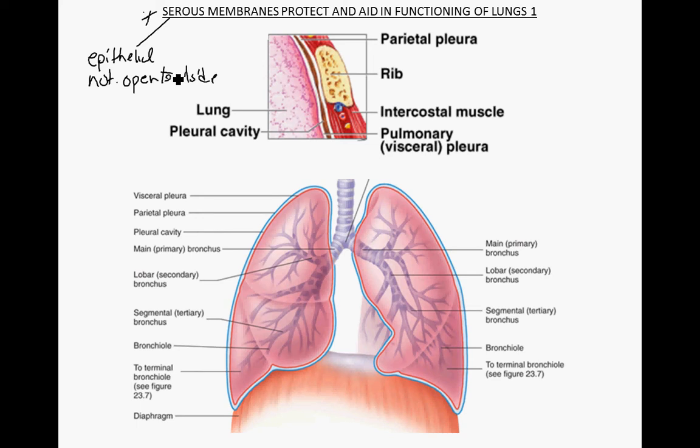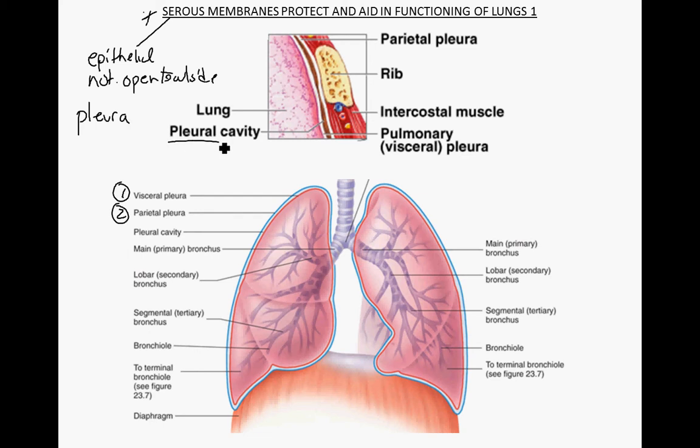And there are going to be two of them: there is a visceral pleura and there is a parietal pleura. So these serous membranes of the lungs are referred to as pleura, or a pleural membrane. Now, don't confuse that with plural like there's more than one. So here's the spelling here.